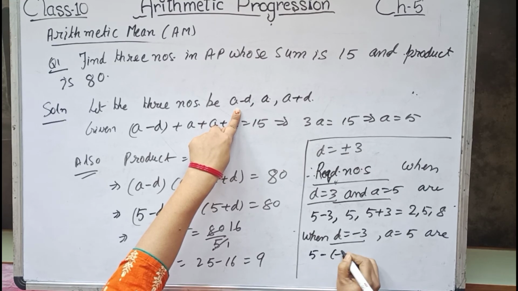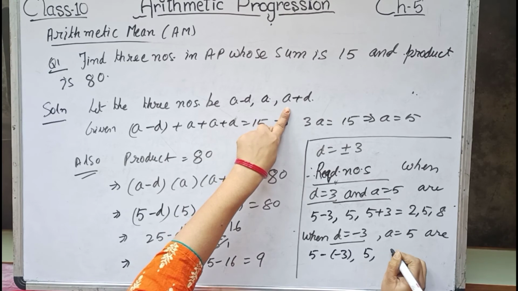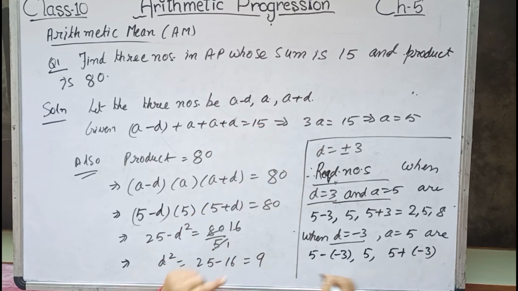So 5 minus of minus 3, then 5, and 5 plus of minus 3. So this will give 5 plus 3, 8, 5 and 2. So numbers are same but the order is different. In the first case the order is increasing and in the next case the order is decreasing.